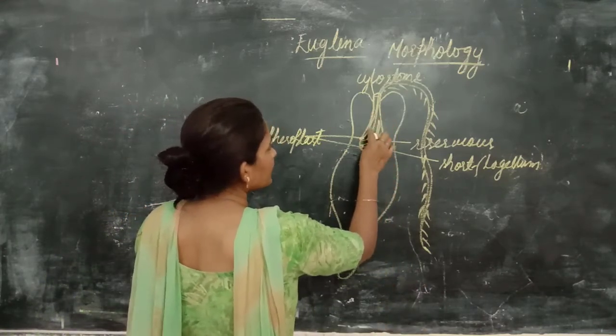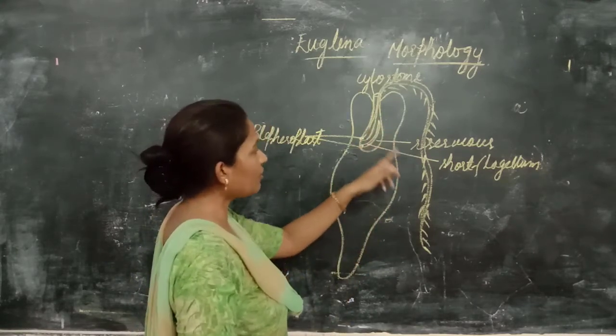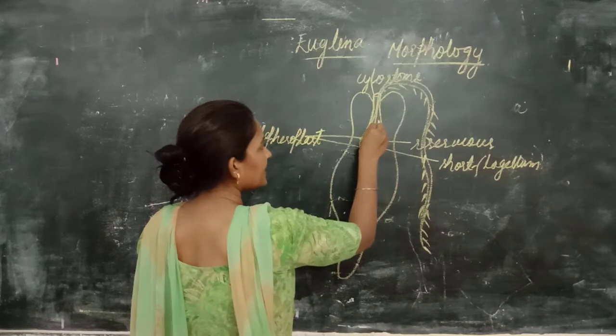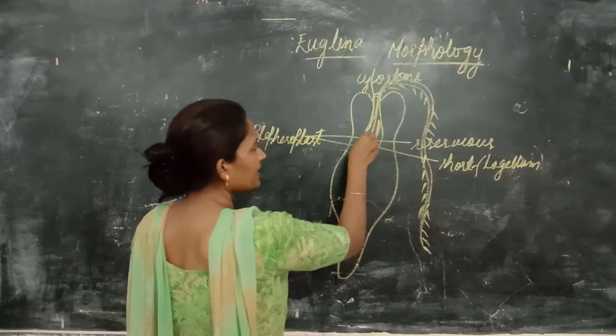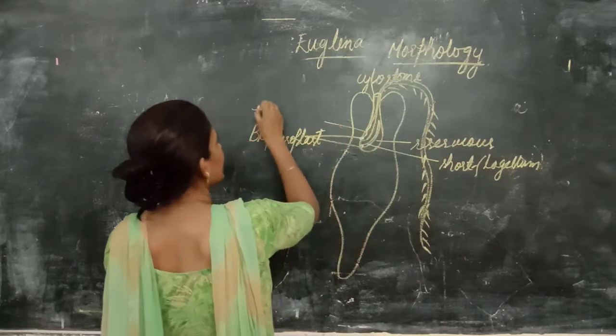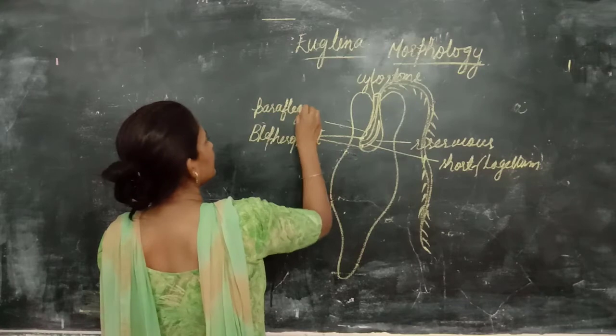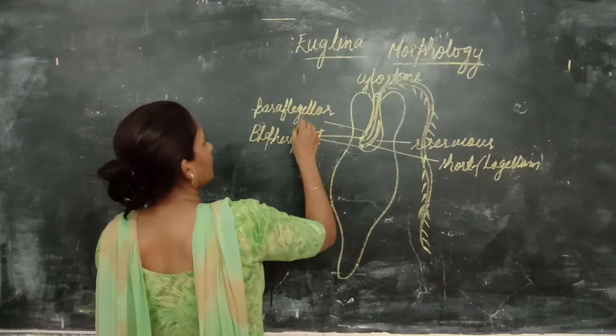In the proper or longer flagellum, there is a little swelling in the lateral base, which is known as the paraflagellar body.